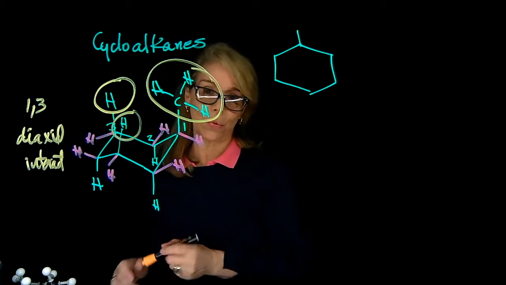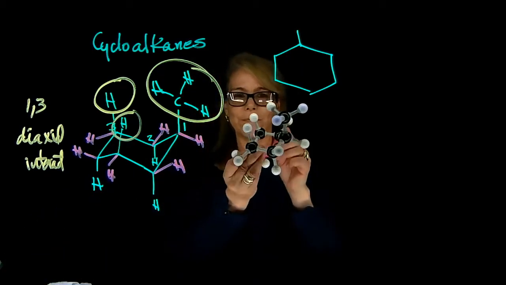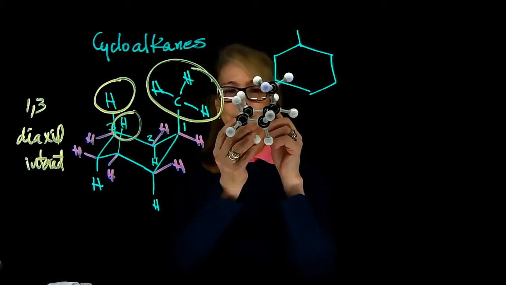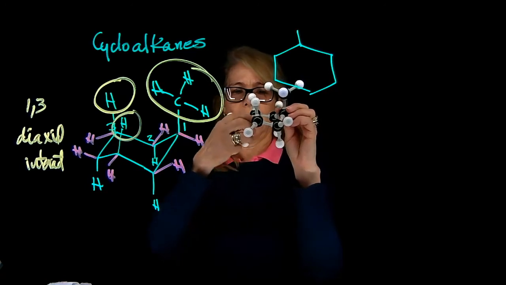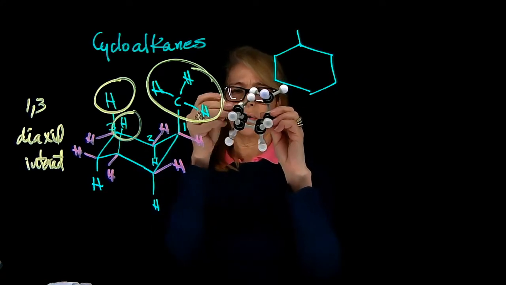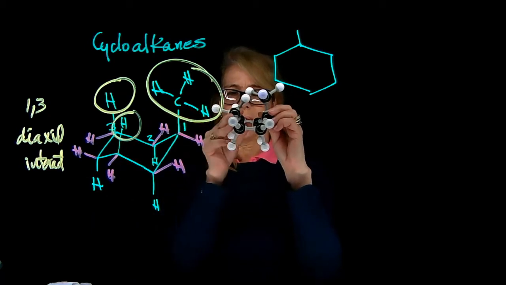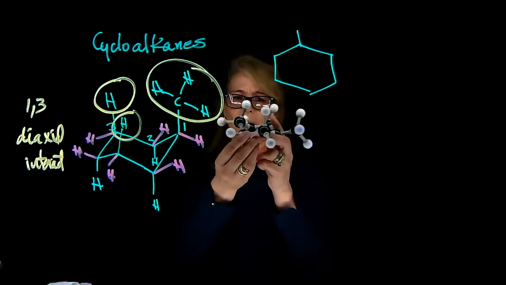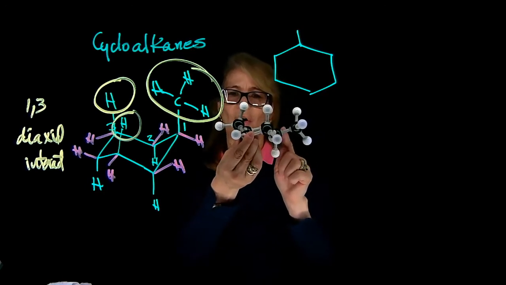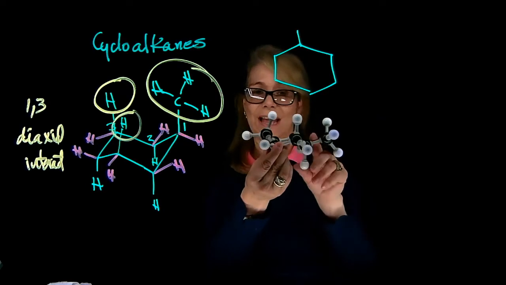Now let's do what we call a ring flip. Again, starting from this chair, I'm going to flip, so go to the other chair. I take this corner up, so this here, I move it up. The center stays the same, and I take the other end down. Now notice that the methyl group, which was axial, is now equatorial.